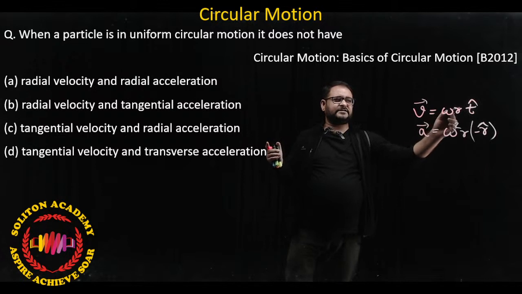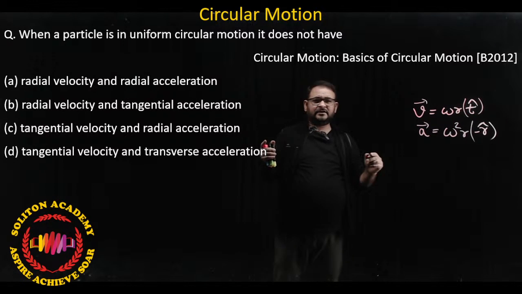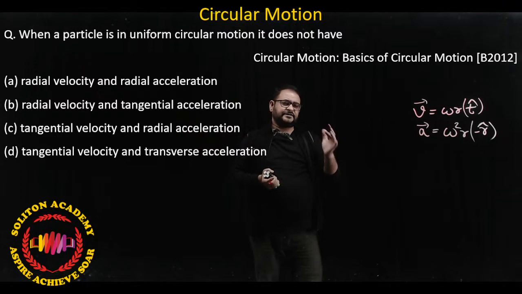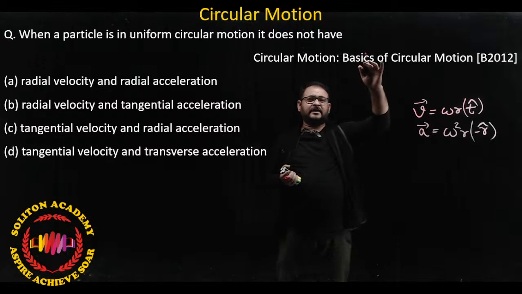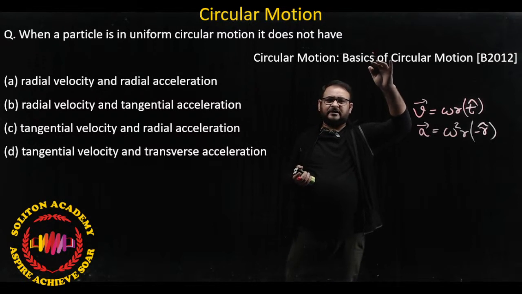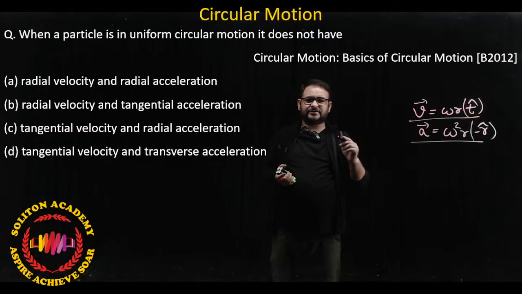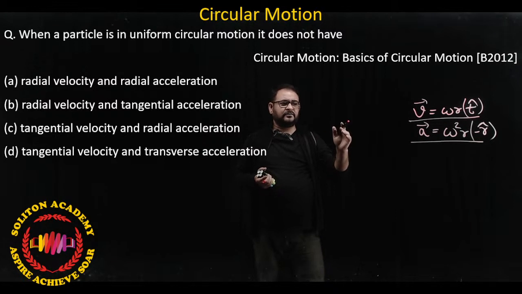But actually it has tangential velocity. You know, this question is not written properly. It should have said: when a particle is in uniform circular motion, it does have tangential velocity and acceleration is radial. Let's move on.